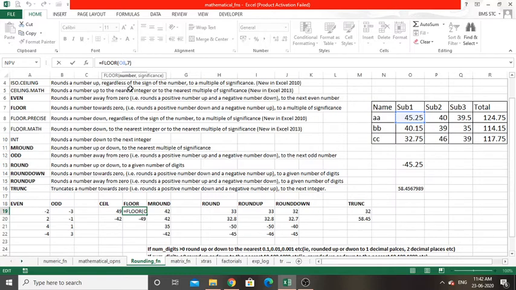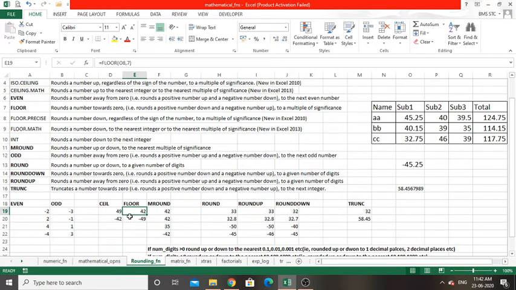Yes, and floor performs a rounding down, but 43 is not a multiple of 7, so it will omit 43. The next one is 42, which is less than 45.25, and it is also a multiple of 7. So it resulted in 42 as its output.